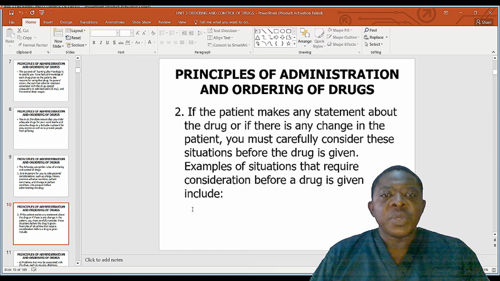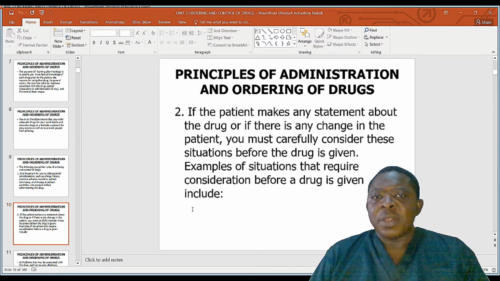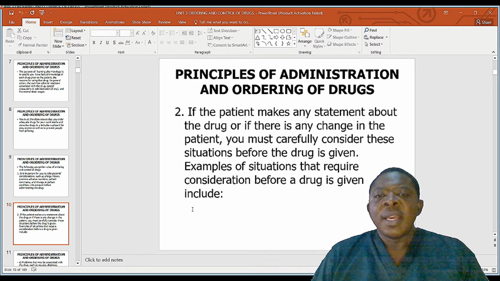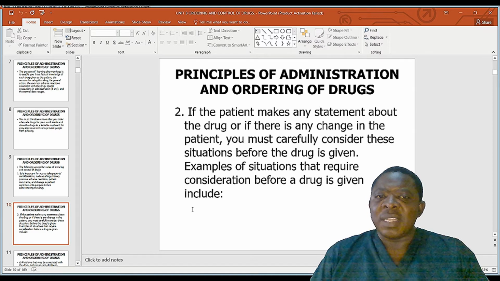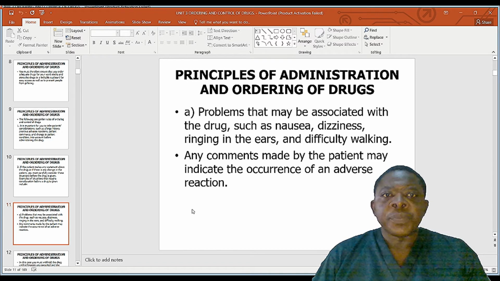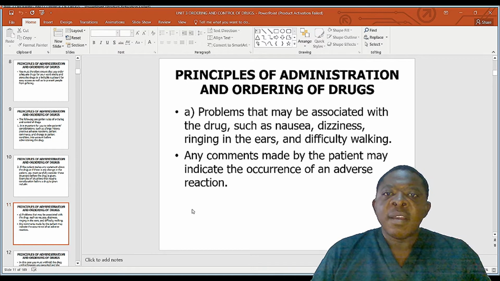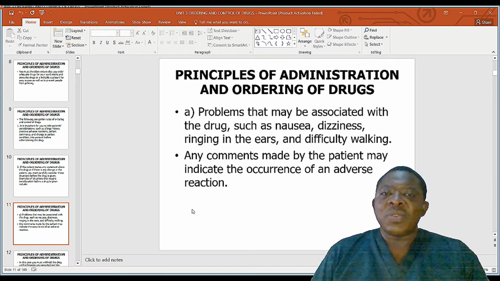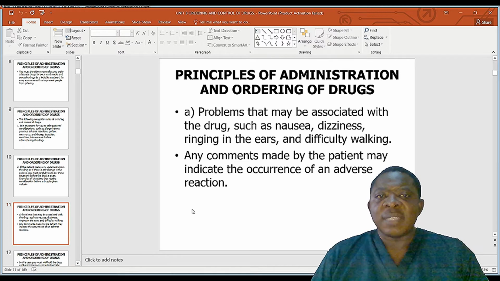Golden rule number two, if the patient makes any statement about the drug or if there is any change in the patient, you must carefully consider these situations before the drug is given. Examples of situations that require consideration before a drug is given may include, one, a problem that may be associated with the drug, such as nausea, dizziness, ringing ears, and difficulties in walking.